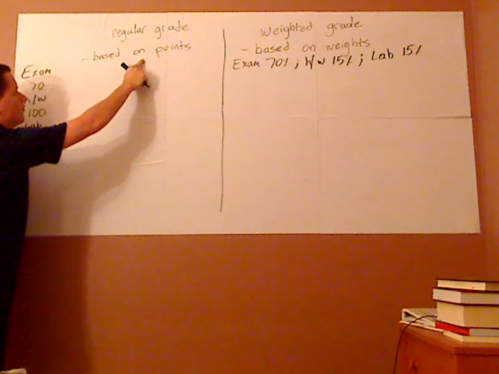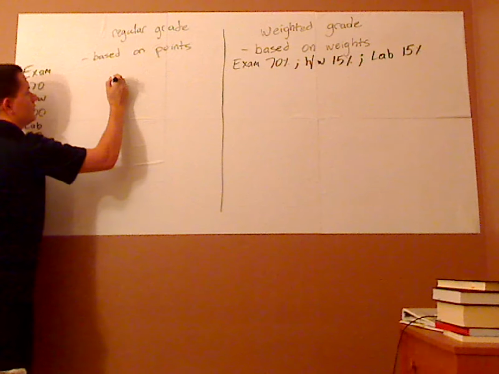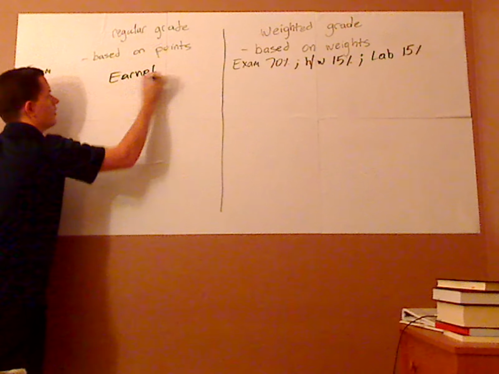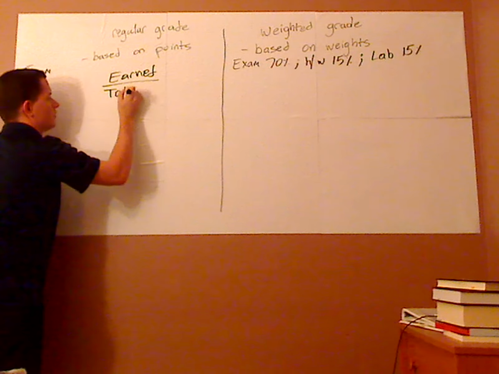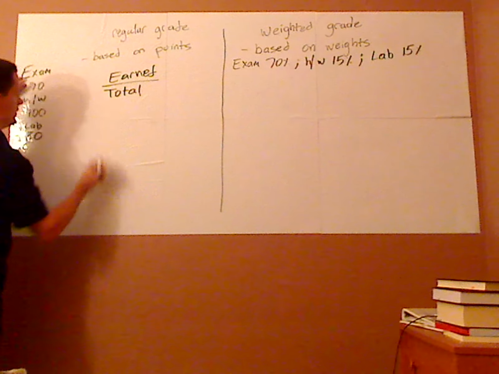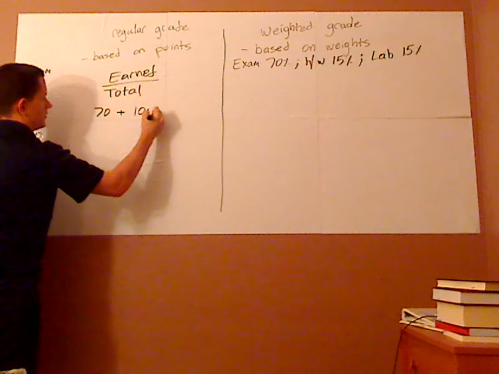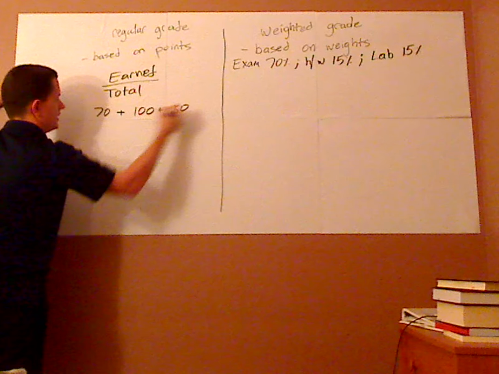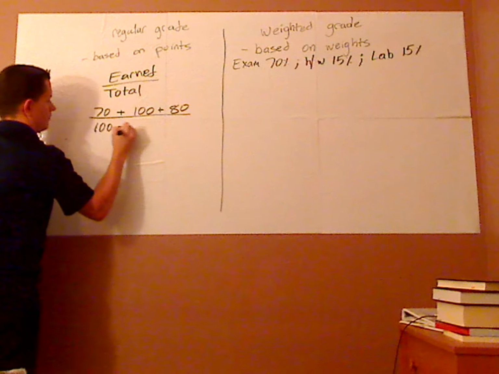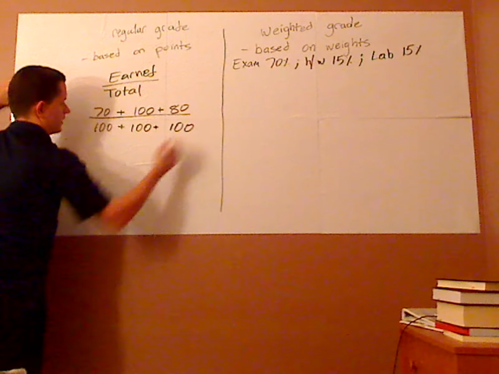So based upon a point system, all you're going to have to do is take the total points earned over the total possible points. So here it's going to be 70 plus 100 plus 80 over 100 plus 100 plus 100.